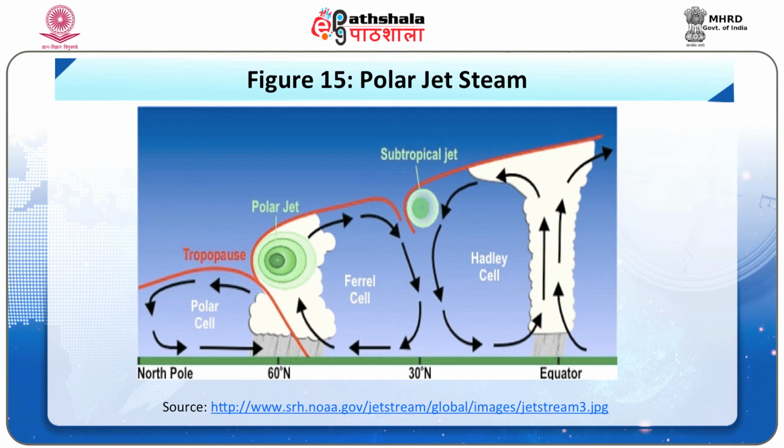It occurs near the tropopause between the polar cell and the Ferrel cell, as can be seen in figure number 15. They are most active at 300 millibar, that is at an altitude of about 9 km, within 40 degree to 60 degree latitudes. The seasonal shifting is in the range of 30 degree to 70 degree latitudes in both the hemispheres.